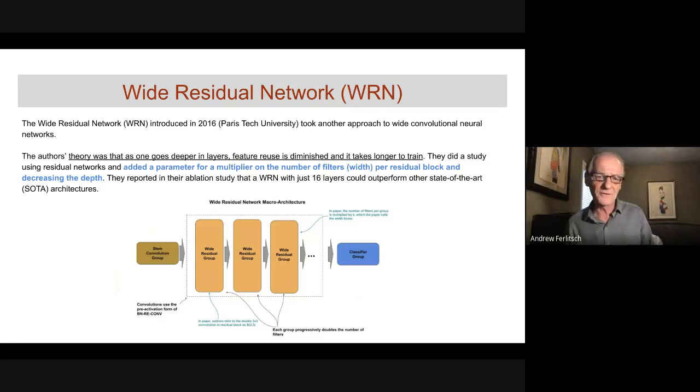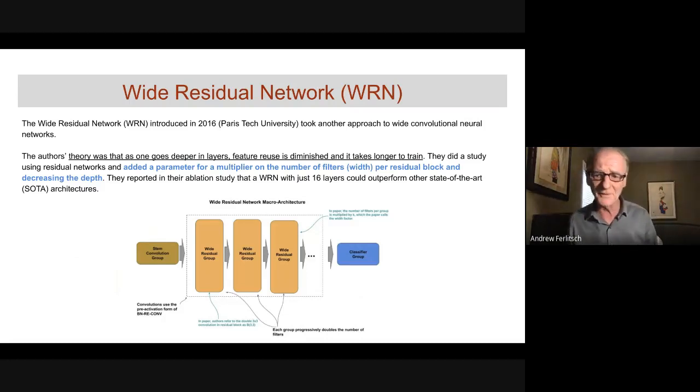Now, the authors in this one theorized that as you went deeper in layers, feature reuse is diminished and it takes longer to train. If you recall, in a residual link, we're attempting to reuse some of the features through the link, but because we do an add operation, we kind of dilute it. And so as we go deeper and deeper, even though we're remembering some of the input, it's more and more diluting.